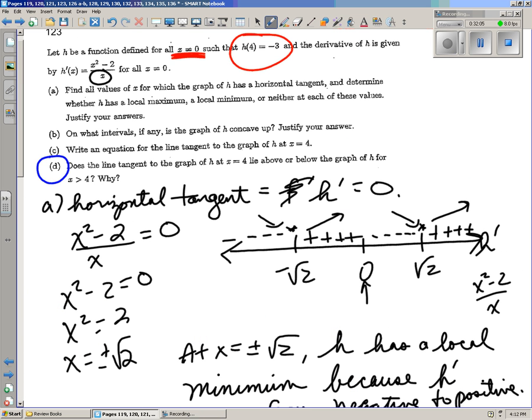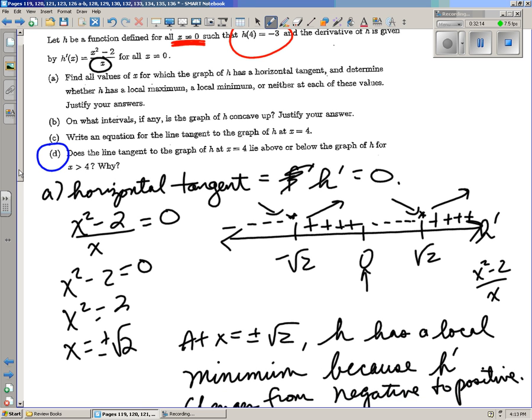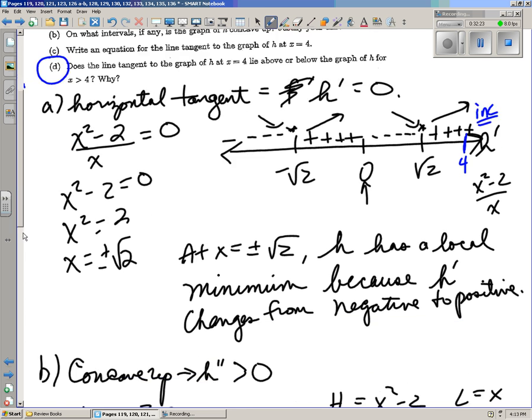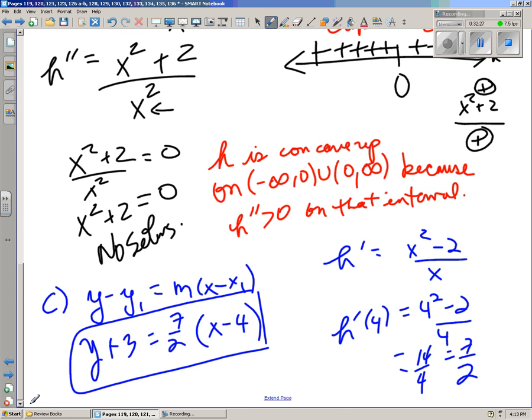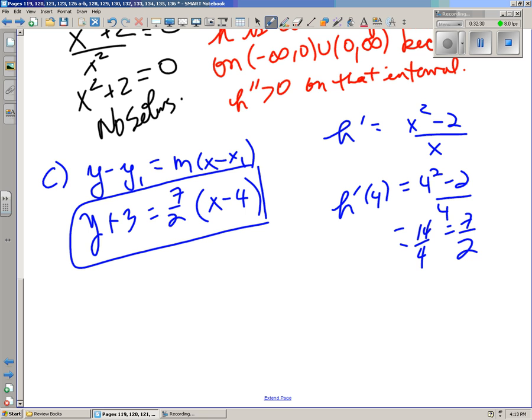Does the line tangent to the graph at x equals 4 lie above or below the graph of h for x greater than 4? Well, if we think about what's happening, at x equals 4, we know the function's increasing because the first derivative is positive. And we also know the function's concave up. So at x equals 4, we have an increasing concave up curve.